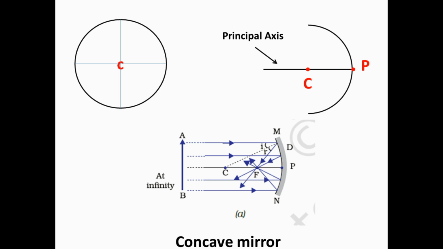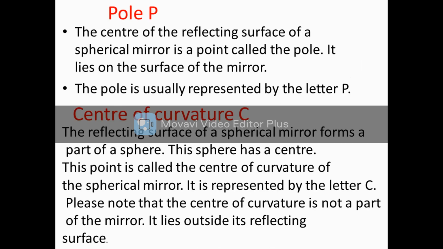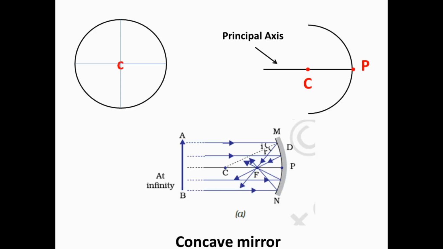Another parameter is the pole. What is the pole? It is the center of the reflecting surface of the mirror. It lies on the mirror surface and is represented by the symbol P. Another thing is the radius of curvature.